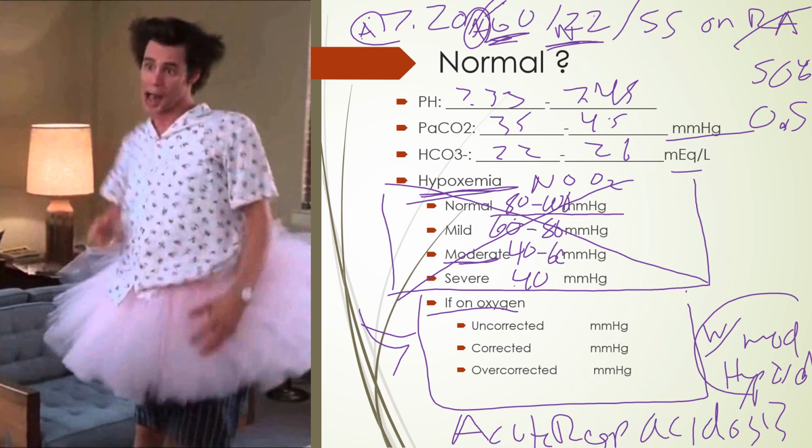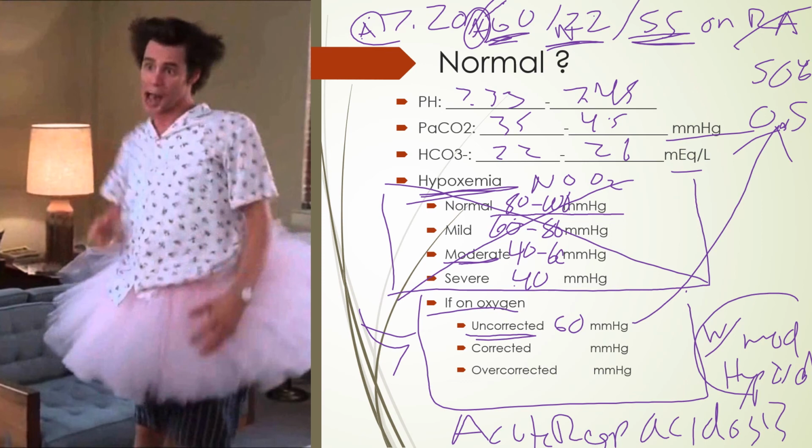So this is where they're either going to be uncorrected, corrected, or overcorrected. So if it's less than 60, they're uncorrected. In other words, they have hypoxemia, and that 50% is not enough. So in this blood gas that we did up here, their PaO2 is only 55. That would be an acute respiratory acidosis with uncorrected hypoxemia.